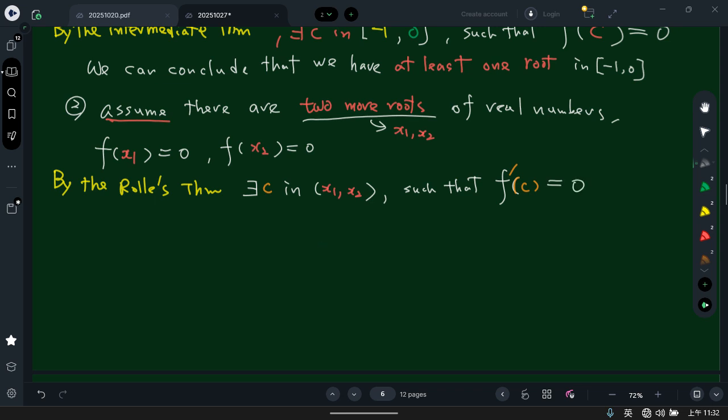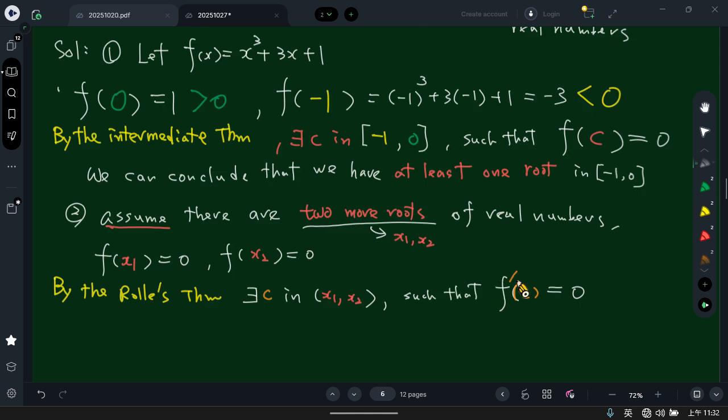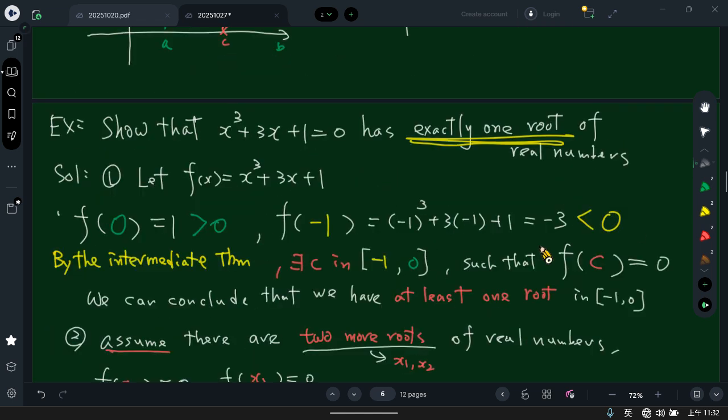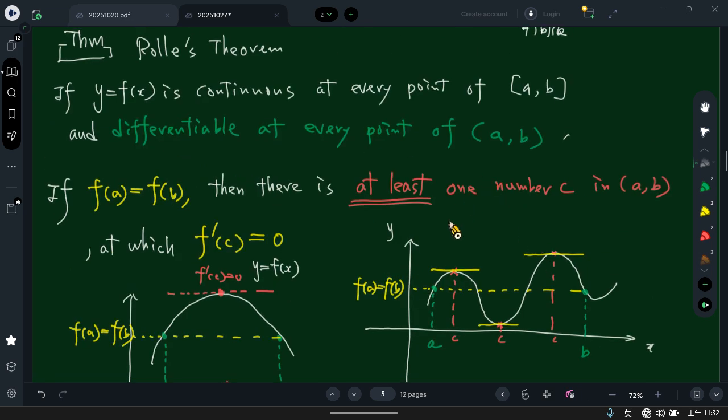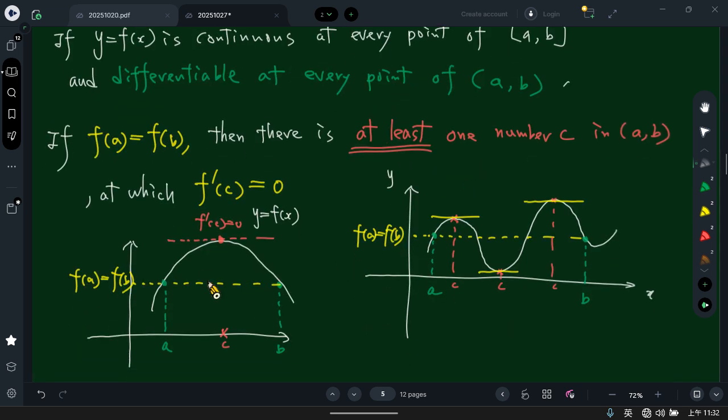Don't forget the prime, because Rolle's told us that if f of A and f of B are equal, we can find a C between A and B where f prime C is equal to 0.